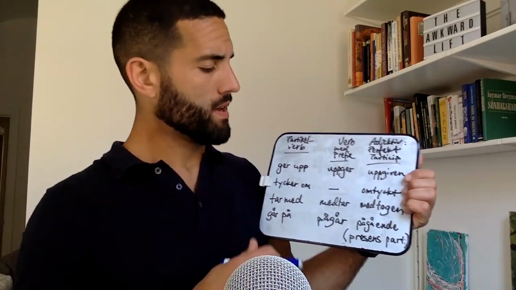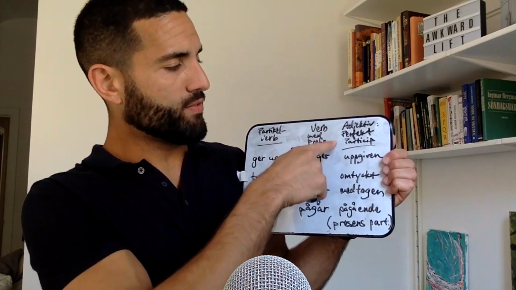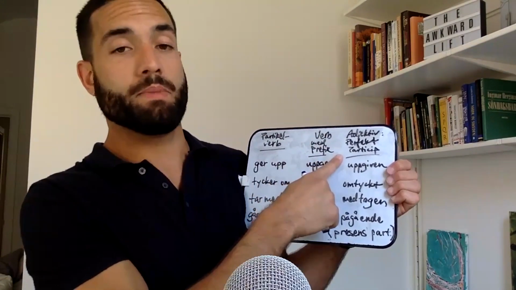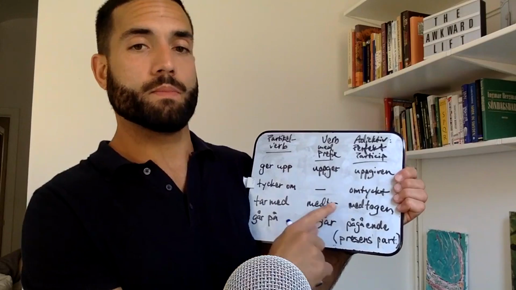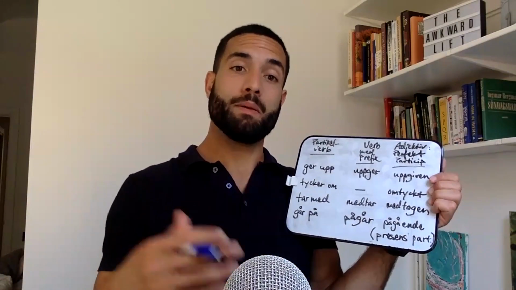Medta mat. And then you have medtagen, which is the adjective, perfect participle. Medtagen, for example. You can say in a cafe, you know, food that is brought with you is not allowed to be eaten here. Medtagen mat är inte tillåten. So, brought food is not allowed.